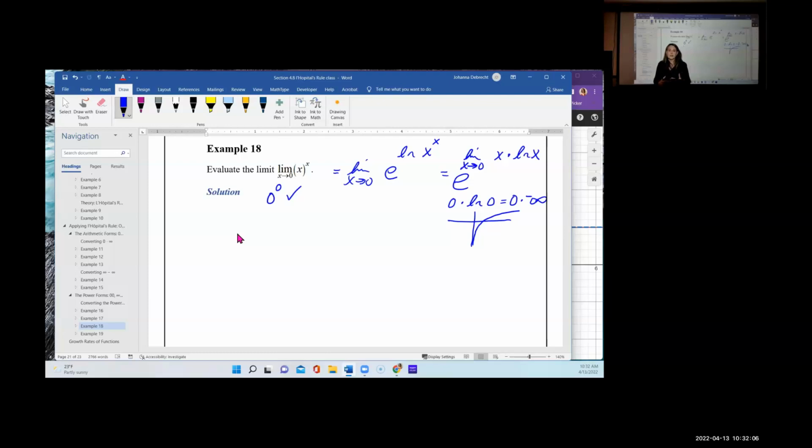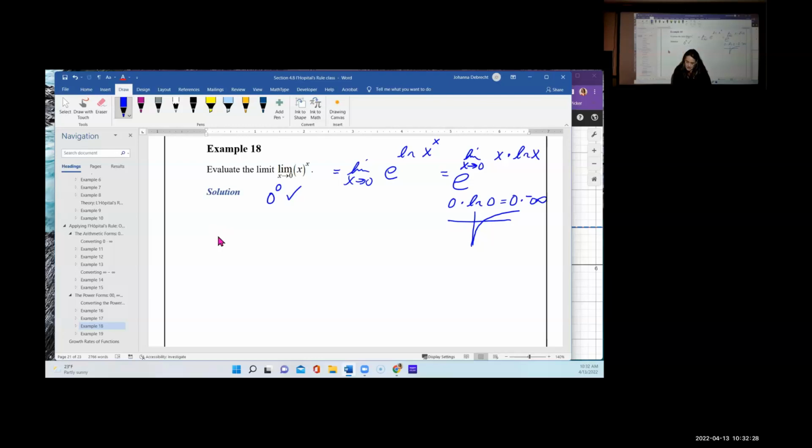So we have a 0 times infinity form, which means that we need to write this in fractional form. Natural log always stays in the numerator. So I have to move the x. This time it's not obvious. I can't just slide it under the denominator. It's multiplied by the numerator.